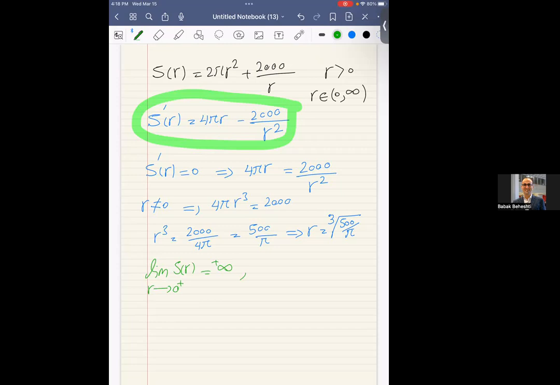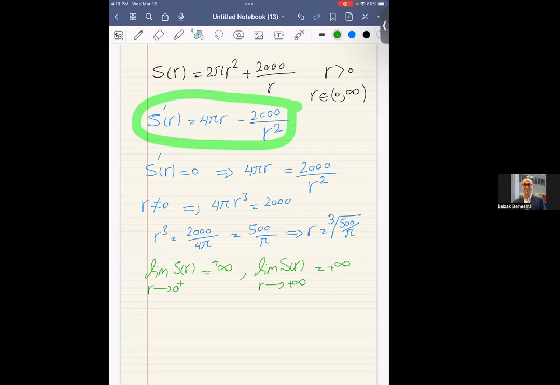And the limit of s of r when r goes to positive infinity, again, is positive infinity. That's because of the 2 pi r squared term. When r goes to infinity, r squared goes to infinity. So these two endpoints are the vertical asymptotes of s of r.